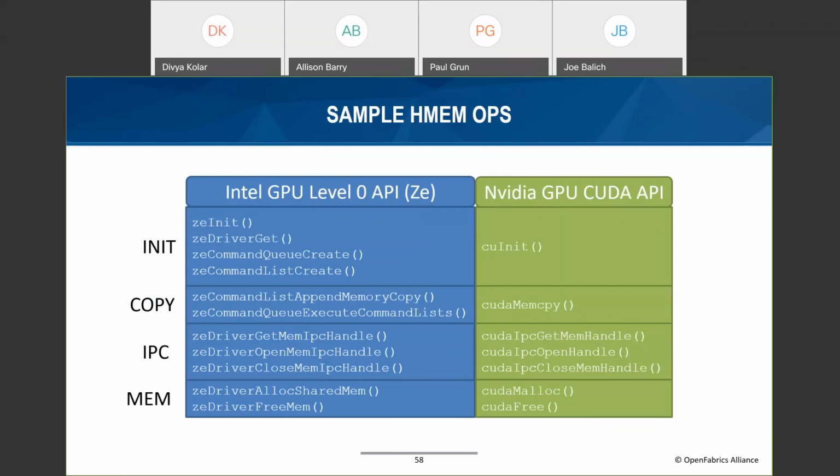For IPC handle functions, each library has its comparable get, open, and close IPC handle functions. And then similarly for the memory allocation and free calls, both libraries have comparable alloc and free functions to use. So the OFI HMEM ops basically allow simple definition of all needed device calls that any provider can then hook into using the registration interface in order to perform the appropriate function.